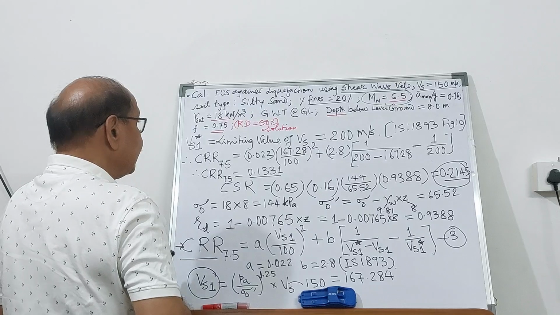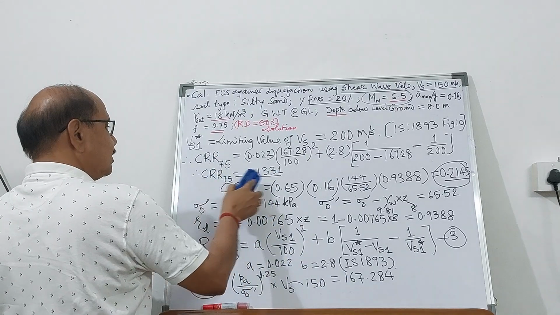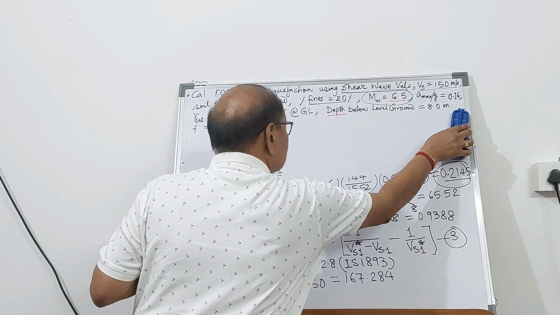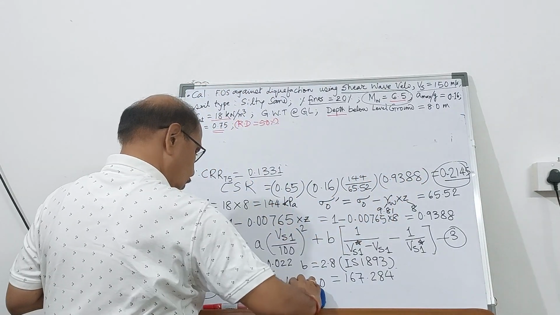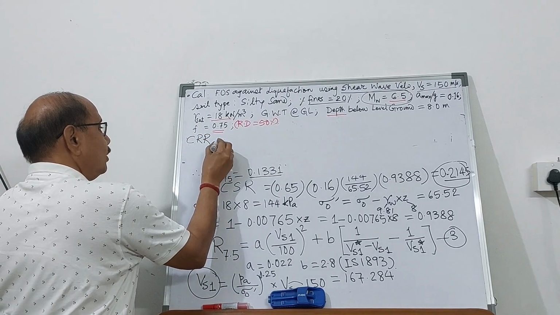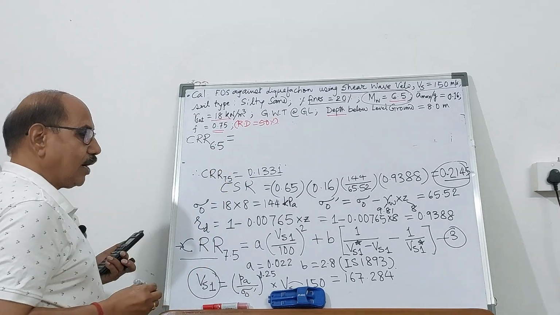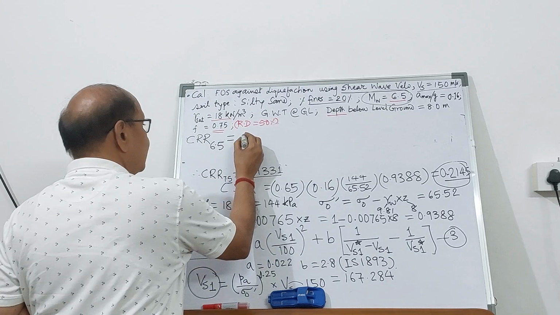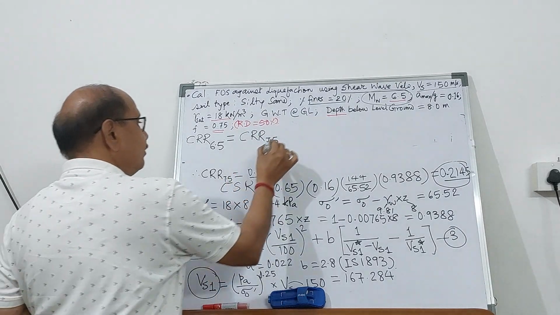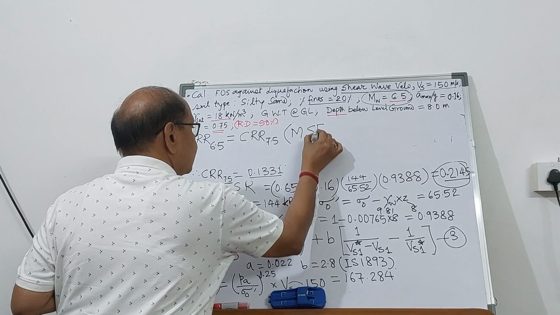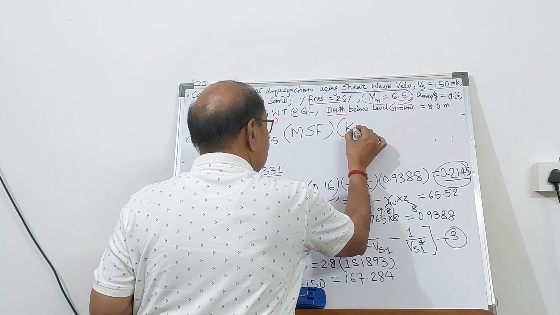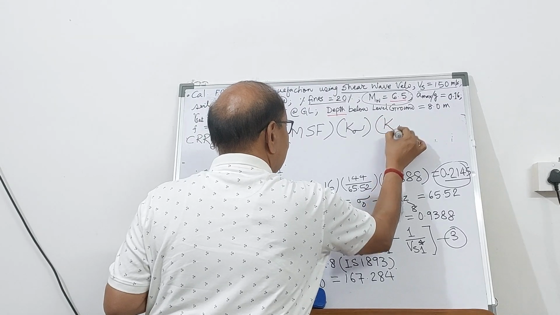So let us calculate CRR corresponding to the magnitude of earthquake equal to 6.5, and that will be CRR for the magnitude of 7.5 into the scaling factor MSF into K sigma into K alpha.